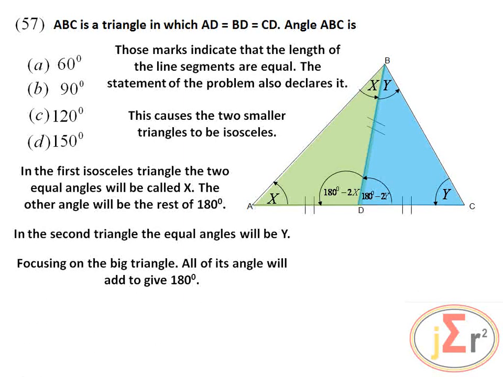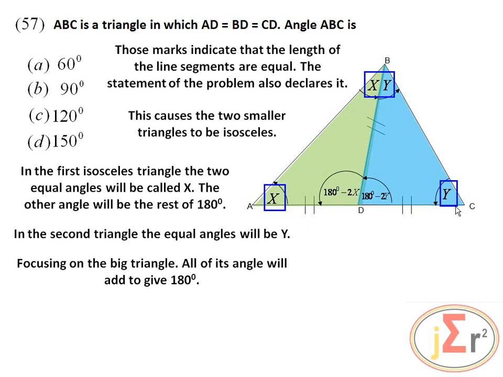Focusing on the big triangle, all of its angles will add to give 180 degrees. That is, let me put that down. We are talking about this angle, this one, and this one.